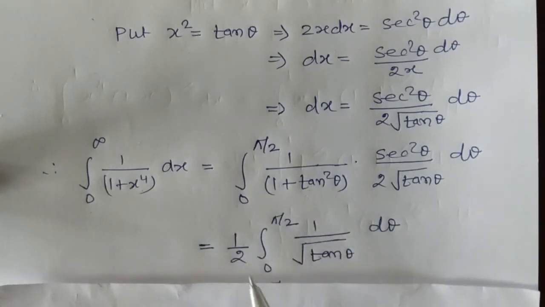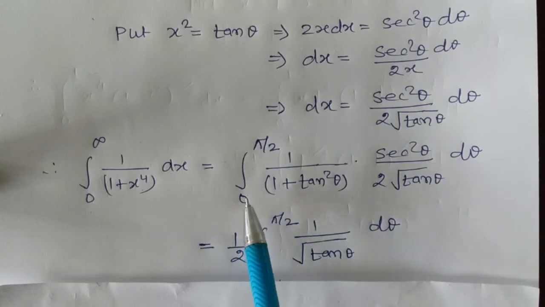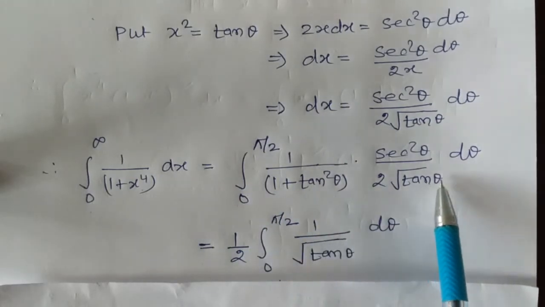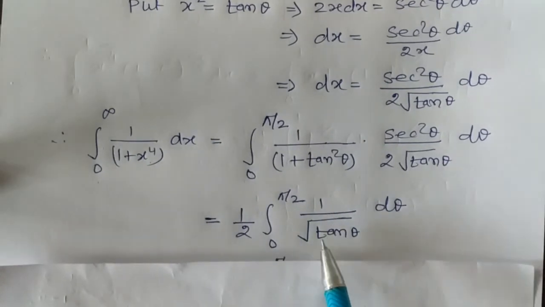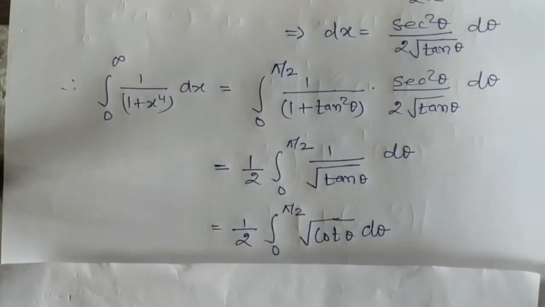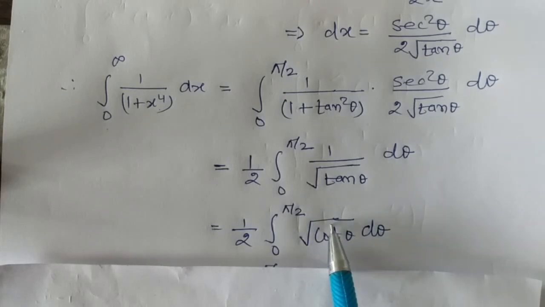Then we have 1 by 2 into the integral from 0 to pi by 2 of 1 upon root tan theta d theta, and 1 upon root tan theta is root cot theta. So we write 1 by 2 into the integral from 0 to pi by 2 of the square root of cot theta d theta. Now the square root is power half, and cot theta is cos theta upon sin theta.